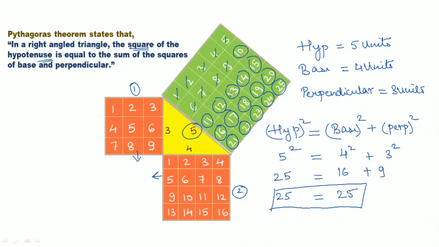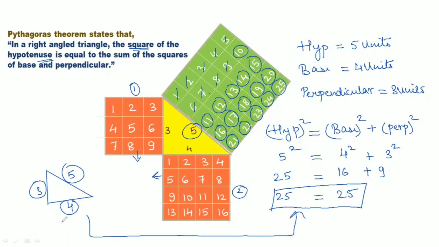Now it is conversely true also. Conversely, if any triangle holds the Pythagoras property true, like we have a random triangle where angles are not given to us, but the sides are given as 5, 4, and 3, and if we check that these three sides are a Pythagorean triplet, it means that this condition is true for it.